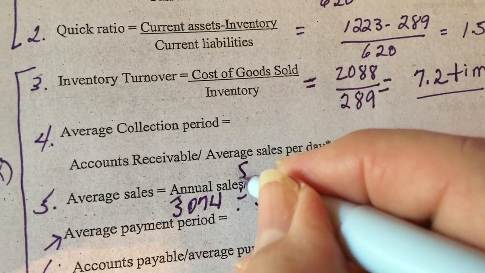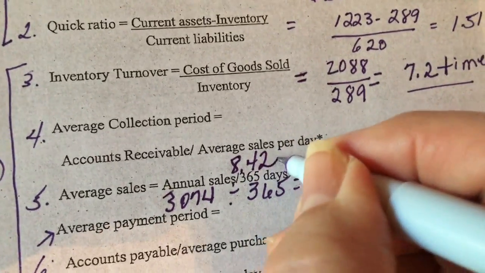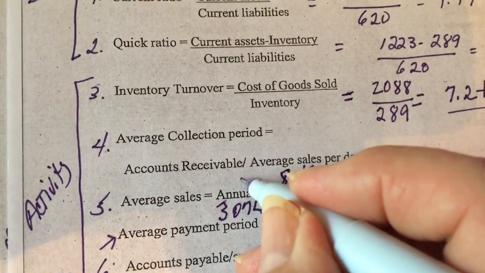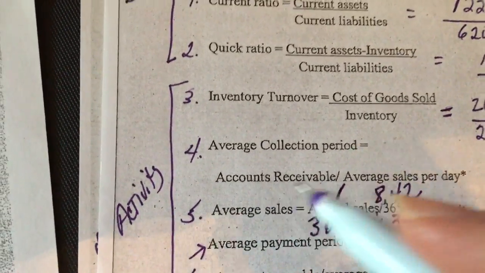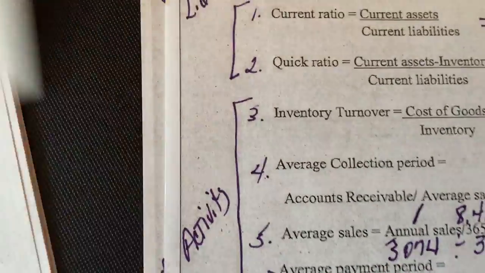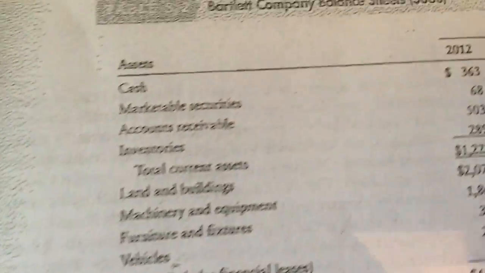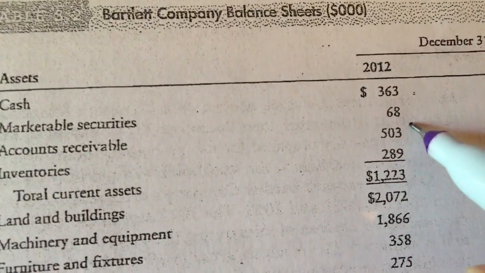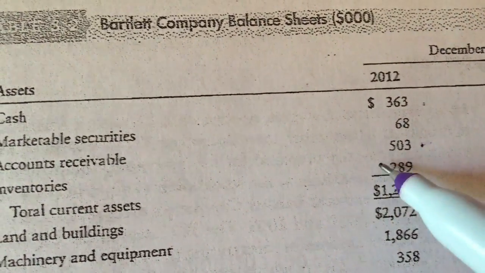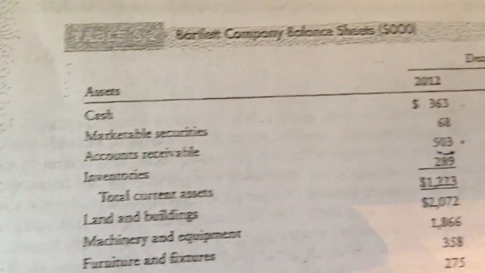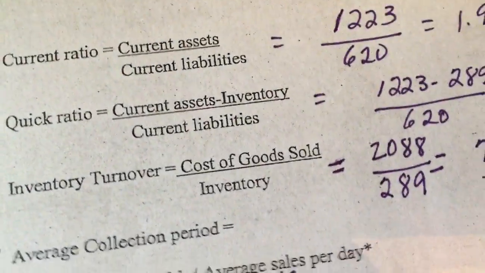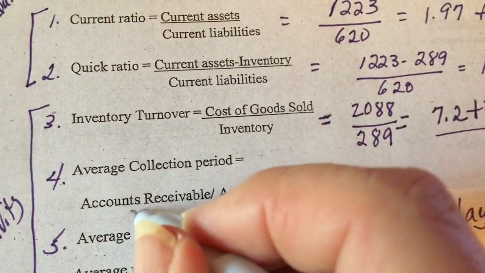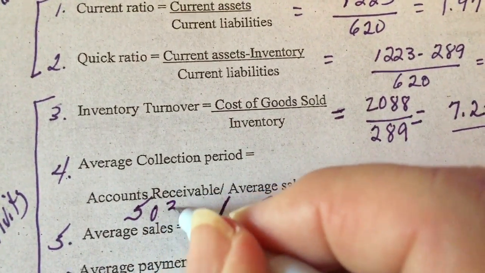So put in here 8.42 as your denominator, and then we want to find our accounts receivable. Let's go to our balance sheet, which is on the other page. Find accounts receivable, and the number you're looking for is 503. So let's plug that number in, 503.